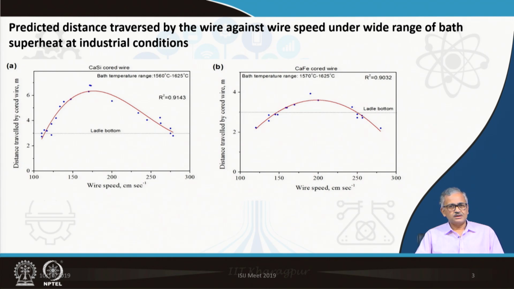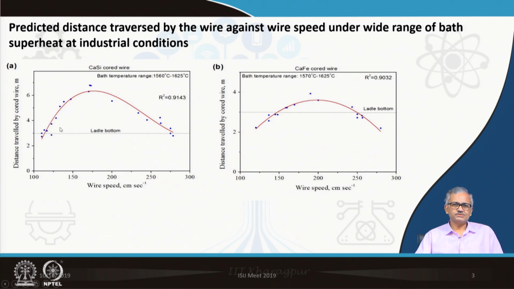Under this condition, for different heats in this operating range, we have calculated by our model the distance traversed by the wire, and you can see the symbols. These symbols indicate the distance traversed by the wire under different operating conditions. For example, at a wire speed of 150 and some bath superheat, these are the values. What you can see from here is that the distance traversed by the wire with the wire speed passes through an optimum and then decreases.